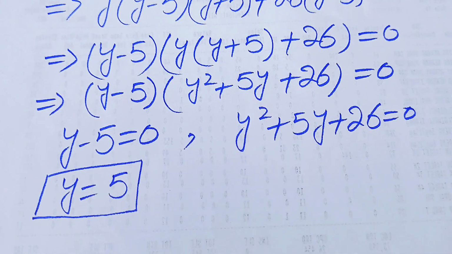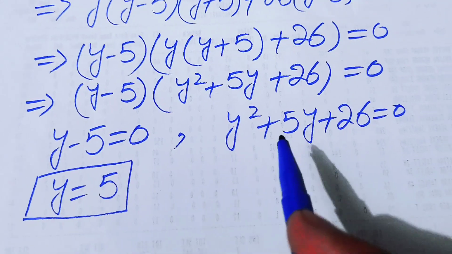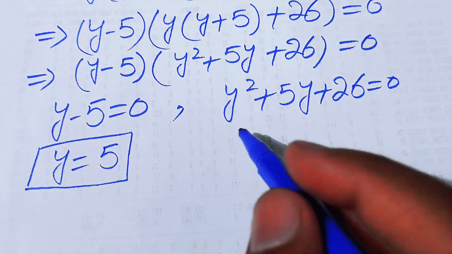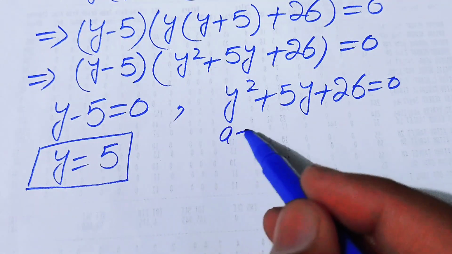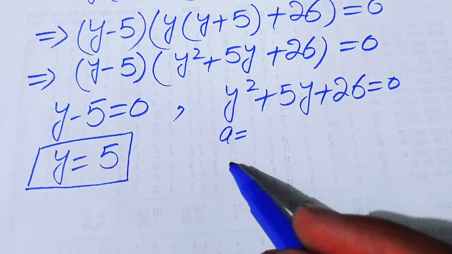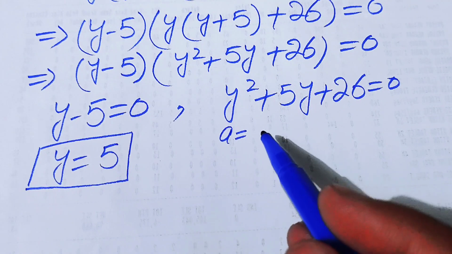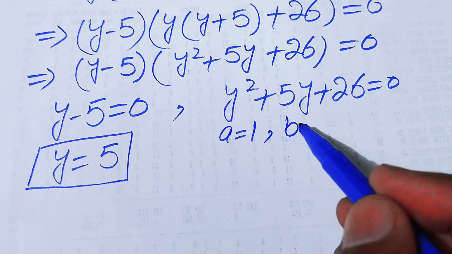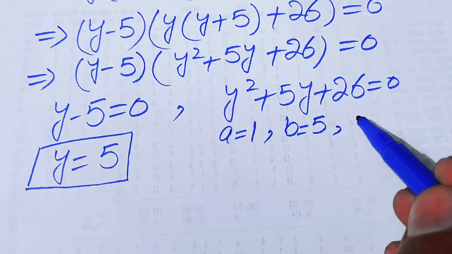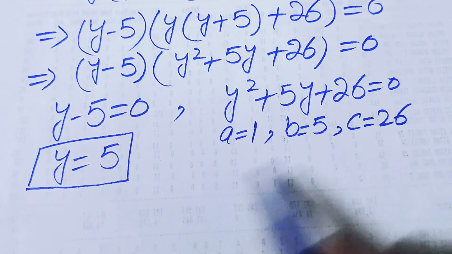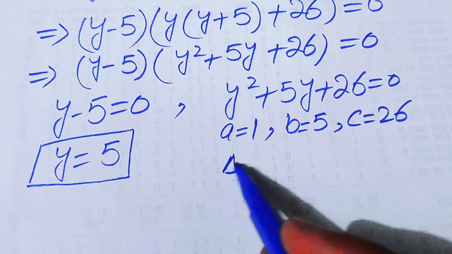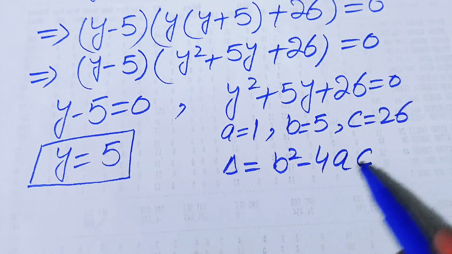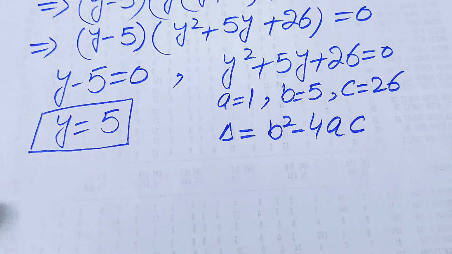So now first I can check whether this quadratic equation has real roots or not, so I can use the discriminant formula. You are well known about this discriminant formula, so I will explain it a little bit. Here we have a is equal to 1, b is equal to 5 and c is equal to 26, and our discriminant formula is b squared minus 4ac.